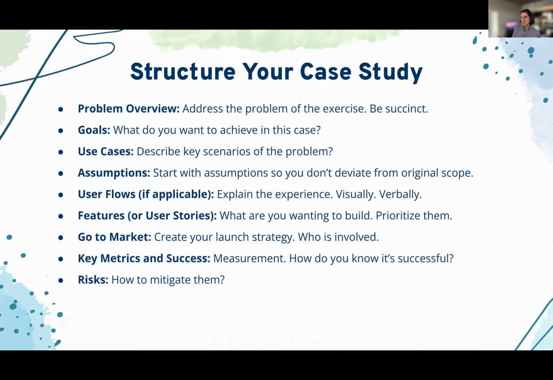Then there are features and the user stories, which we discussed. And then your go-to-market, right? What does that look like for B2C, B2B, whatever product they've given you? And then key metrics and success. This one, I think, is really important and something a lot of organizations don't track or measure too well.